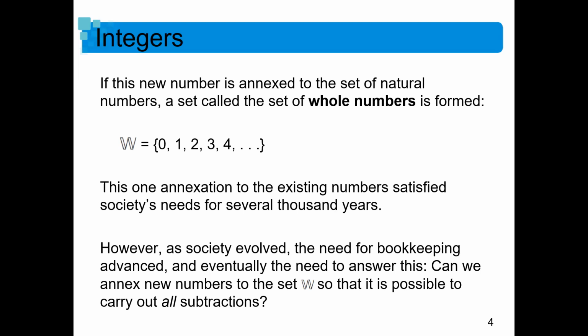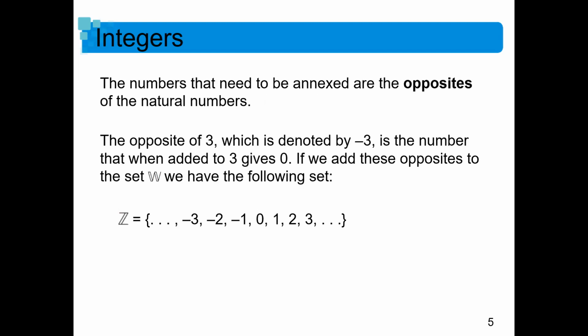However, as society evolved, the need for bookkeeping advanced, and eventually the need to answer this: can we annex new numbers to the set W so that it is possible to carry out all subtractions? So the numbers that need to be annexed are the opposites of the natural numbers.